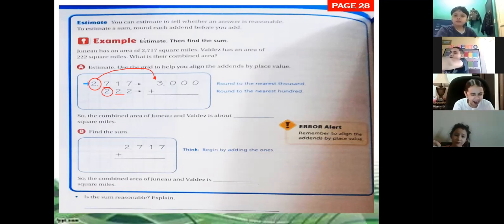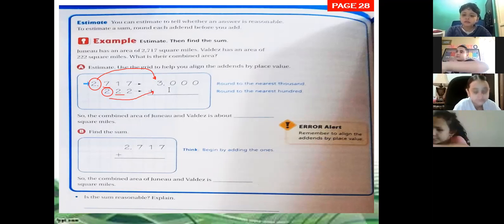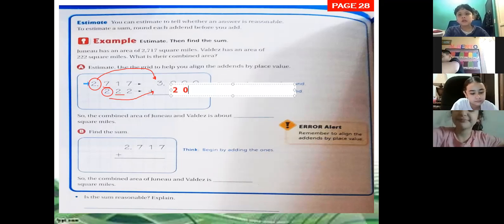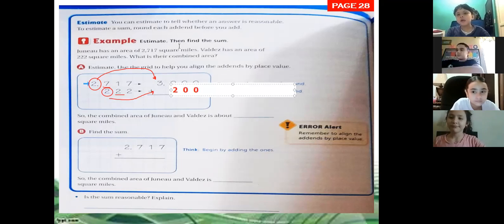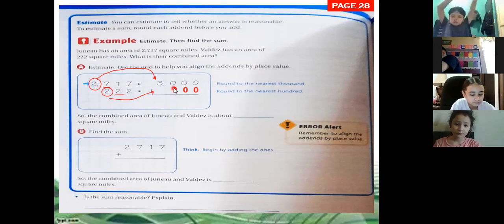So it means that this 222 is going to become which number, class? It's going to become 200. Why 200? Because the number 2 that follows this number 2 is less than 5. And if it's less than 5, the number is going to stay the number 2.